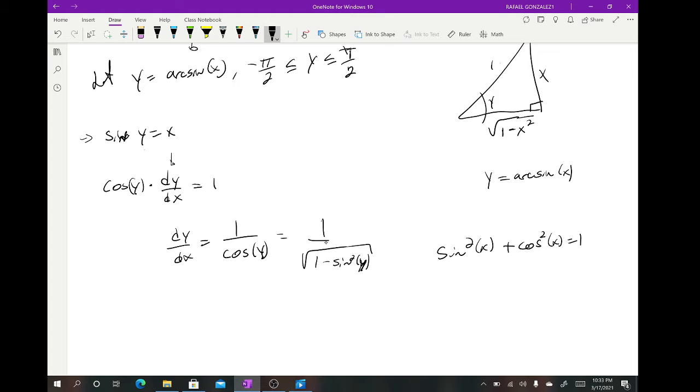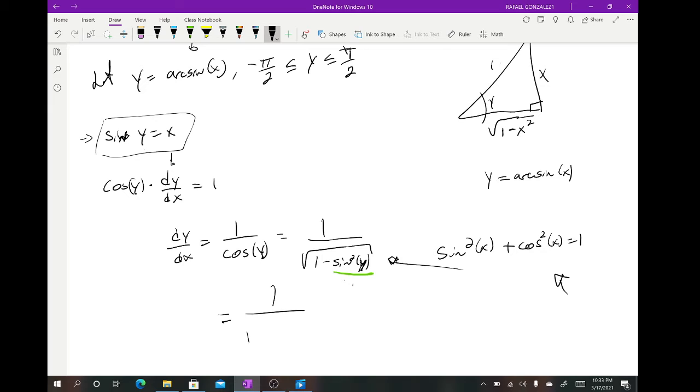I'll leave that as an exercise for you to actually solve, so you could get this conversion right here. But now that you have 1 over the square root of 1 minus sine squared of y, we actually have a value for sine of y. Sine of y we set up here is equal to x. So we could substitute back in the x for sine of y.